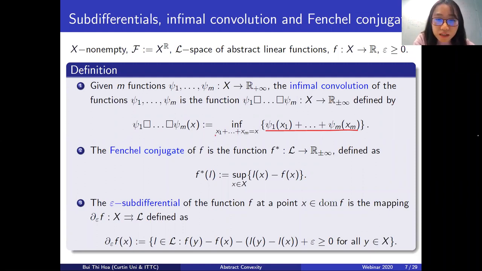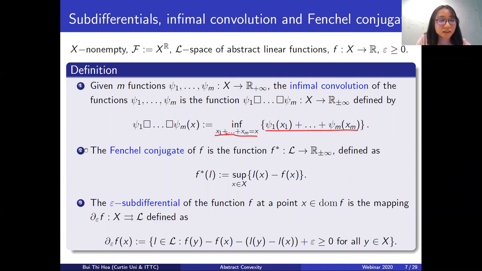But here, this is a summation of all the elements in the set L. So that's the reason why we need the first assumption that the addition operator must be closed, and the second assumption on the space that it must be decomposable. Because otherwise, this set is going to be empty, and we don't want to take an infimum over an empty set.